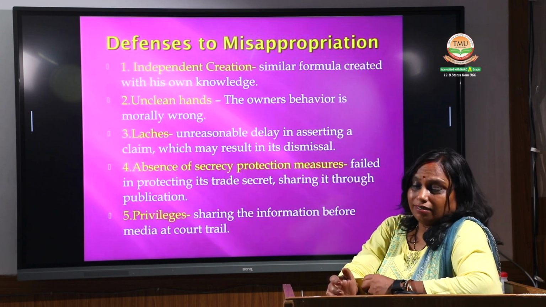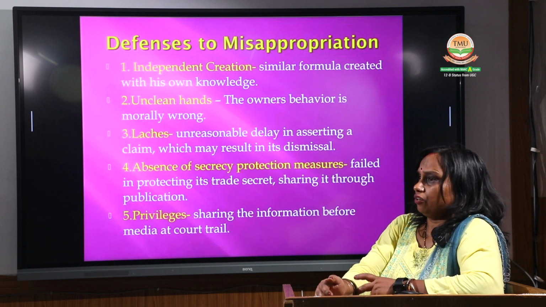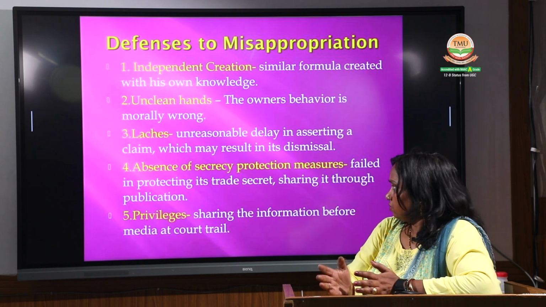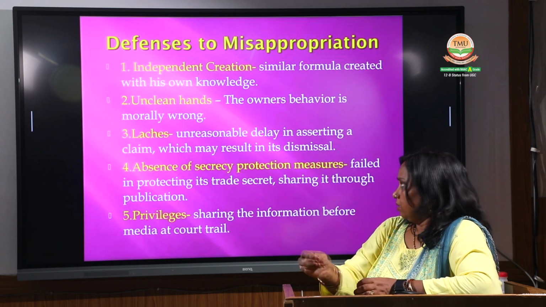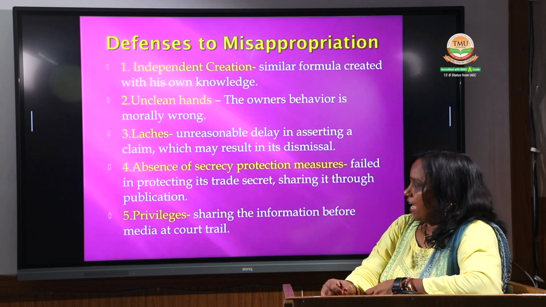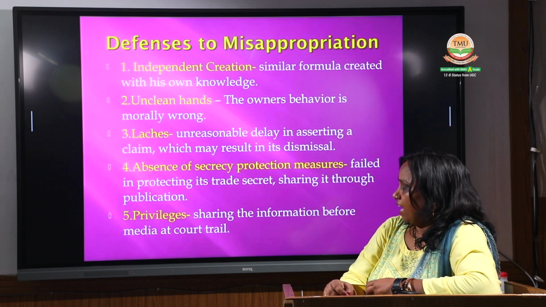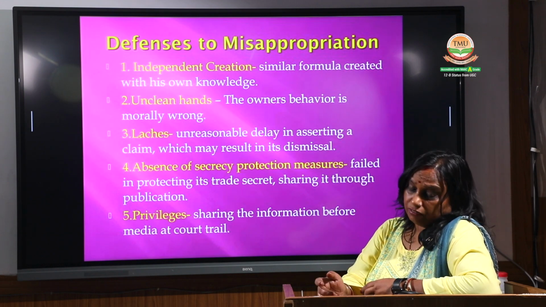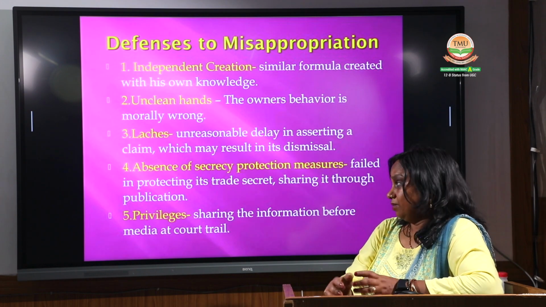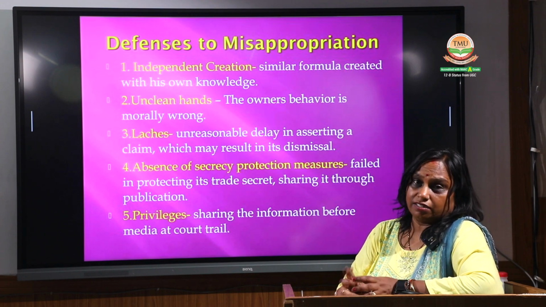Sometimes the defendant tries to extend or delay so many things so that ultimately the matter ends in dismissal. Fourth, absence of secrecy protection measures. And the fifth is privileges, such as sharing the information before media or at a court trial. When the court asks for sharing some information, you have to follow the order of the court, because denying the order of the court is contempt of court.